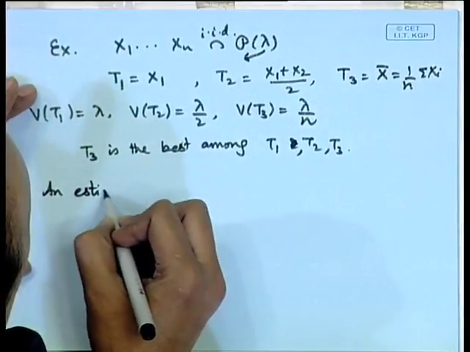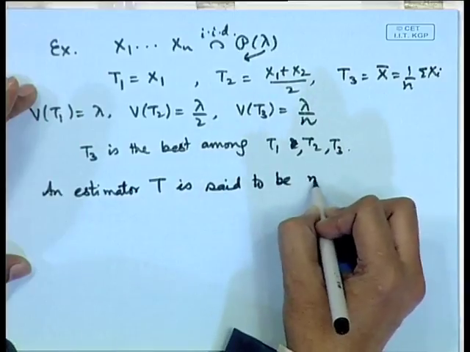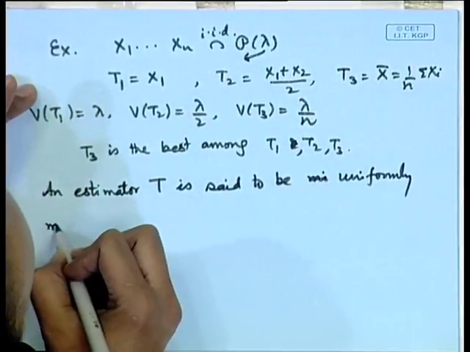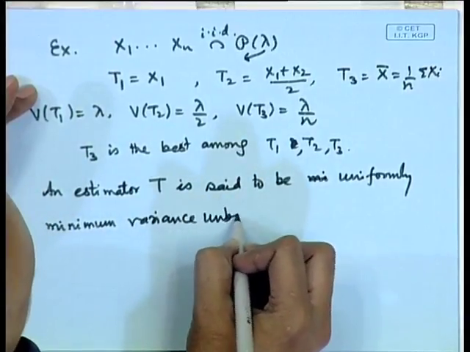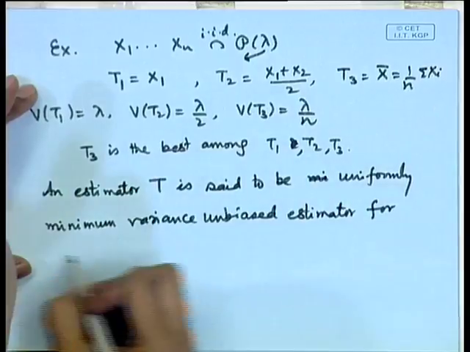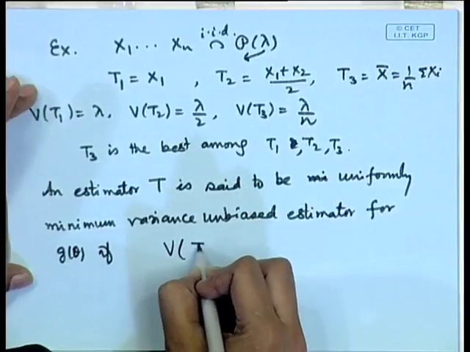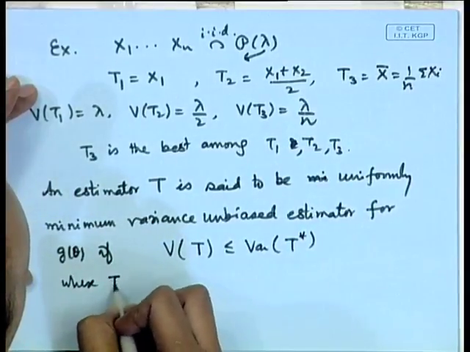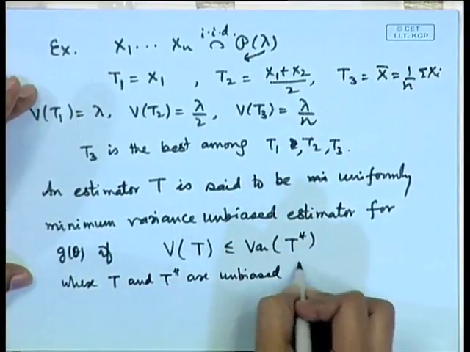So, an estimator T is said to be uniformly minimum variance unbiased estimator for g theta if the variance of T is less than or equal to the variance of, say, T star, where T and T star are unbiased for g theta.